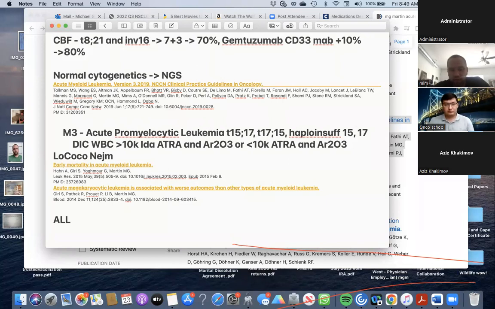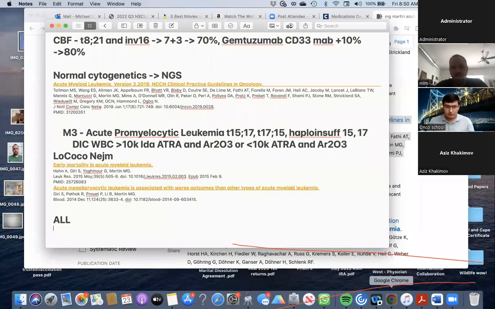Based on my conversation with the people at the heme center, I'm not really sure that you guys are treating much ALL. I would think that you'd be shipping ALL out because of its complexity and the number of different agents you need for it.